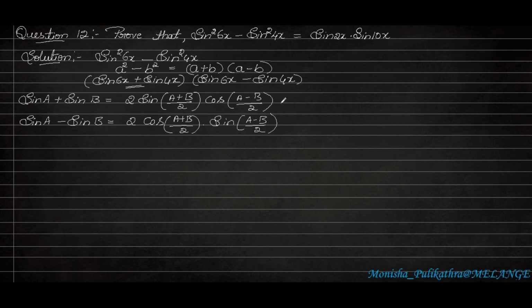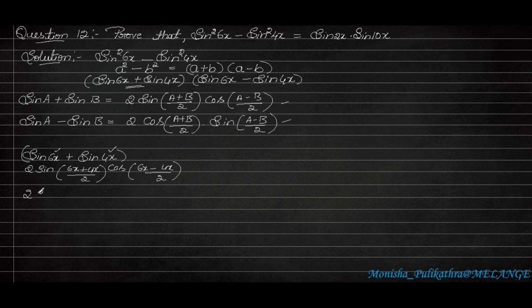So by using these two formulas, we have to substitute for these two expressions. First one, it is sin 6x plus sin 4x. So it is in the form of sin a plus sin b. So it will become 2 sin (a plus b) by 2. So a is 6x and b is 4x. So 6x plus 4x by 2 into cos (6x minus 4x) by 2.